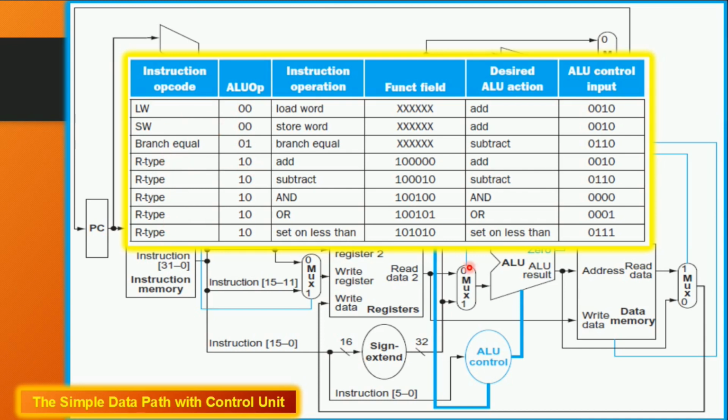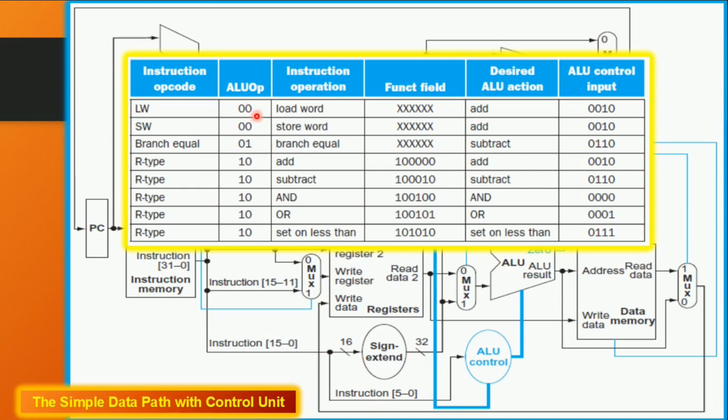As I mentioned in the previous video, the ALU is used for 3 different purposes. In memory reference instructions, we utilize the ALU only for addition. In the case of a branching instruction, we utilize the ALU as a subtractor. For R-type instructions, depending on the last 6 bits, it will perform all the ALU operations.